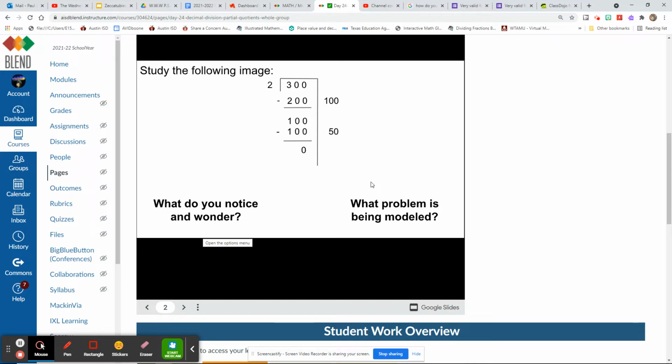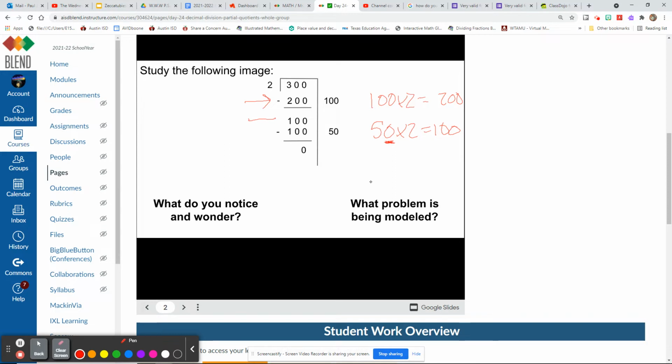So it looks like they're modeling 300 divided into two groups. And with partial quotients, they realized that basically 100 groups of 2 equal 200, so that's why they took away 200 right here. And then 50 groups of 2, remember you can use the zeros trick, cover up the 0. 5 times 2 is 10, bring that 0 back, was 100.